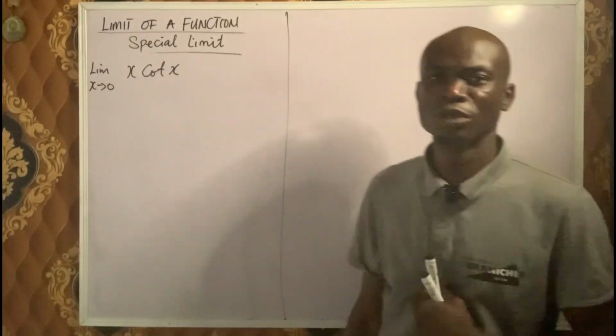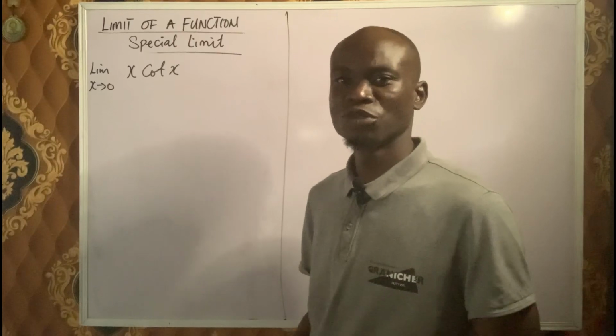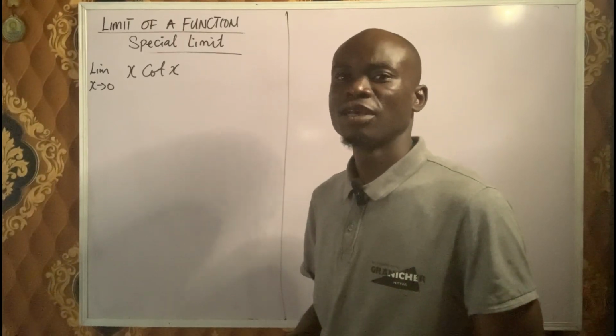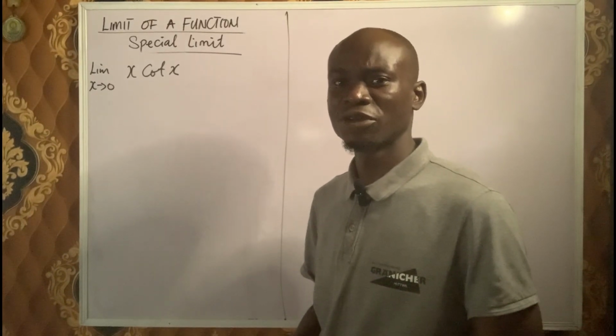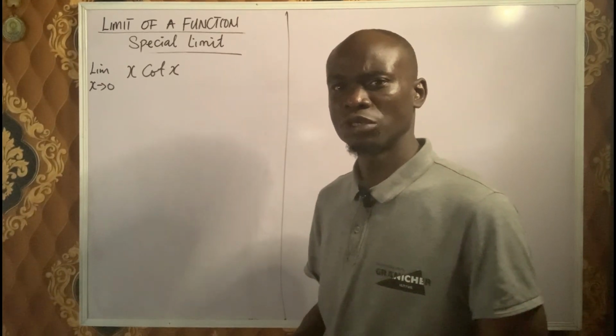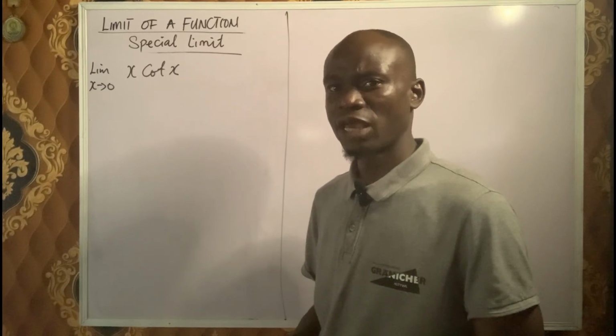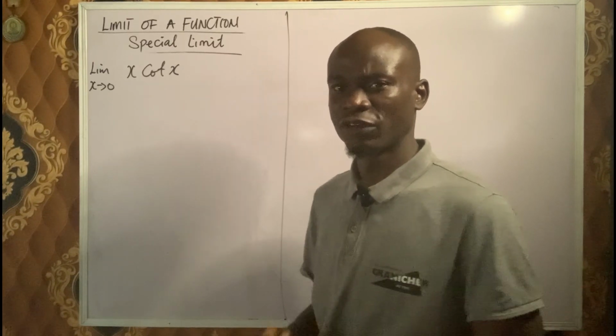Okay, this is another problem still under the special limit. Limit as x tends to 0, x cot x. I didn't give us any special limits that relate to cot x, which means one thing we can do is to break cot into its trigonometry ratio. Cot x is cos x over sine x.